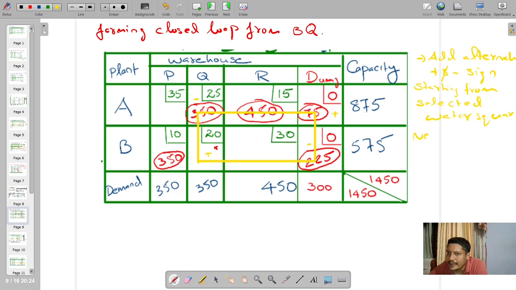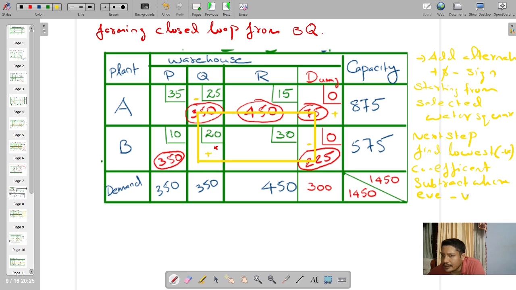Our next step is to find the lowest negative coefficient, subtract wherever the negative sign is present, and add wherever the positive sign is present.